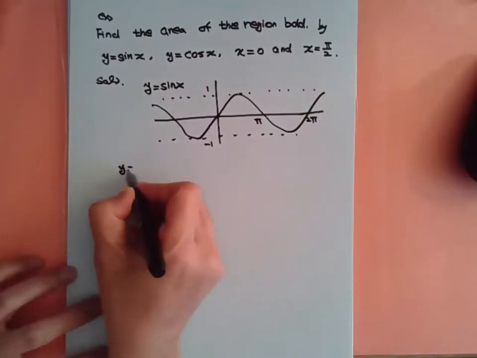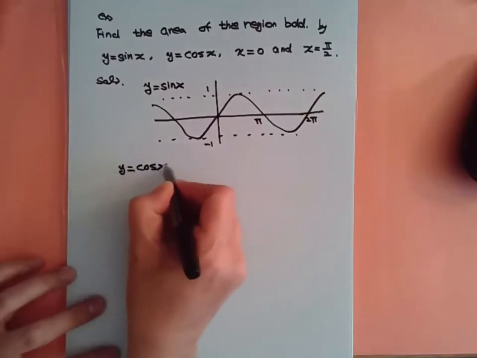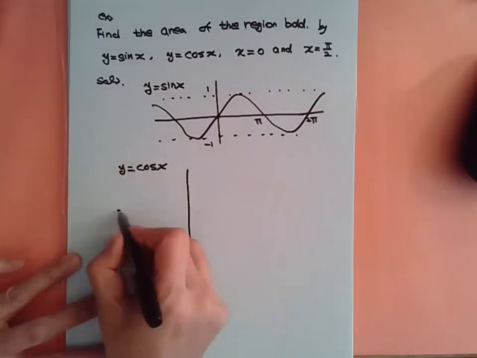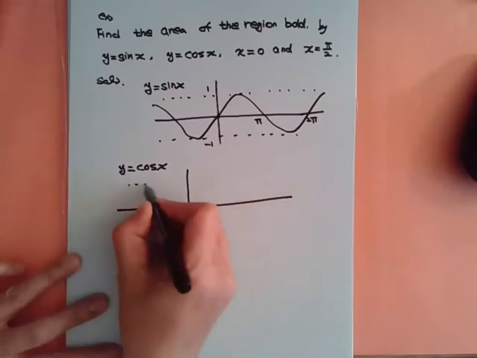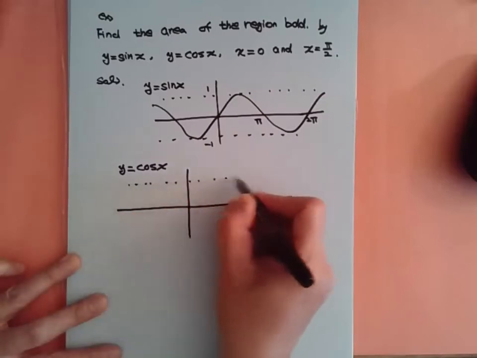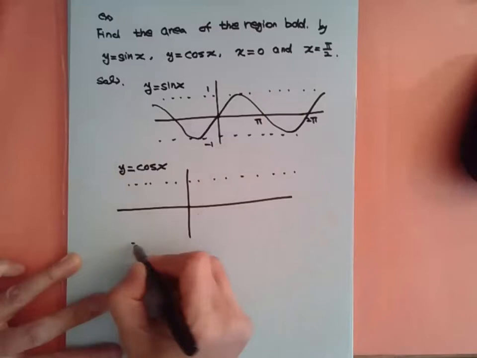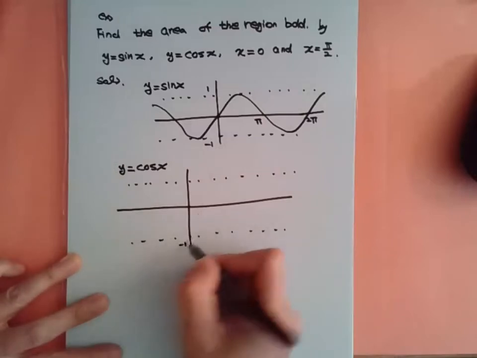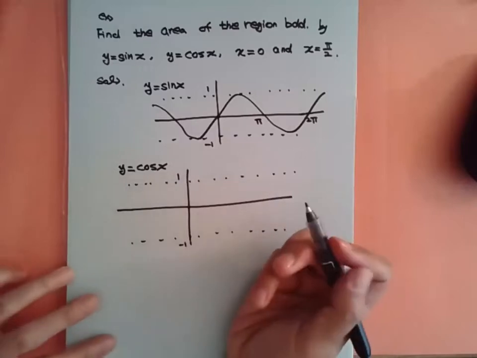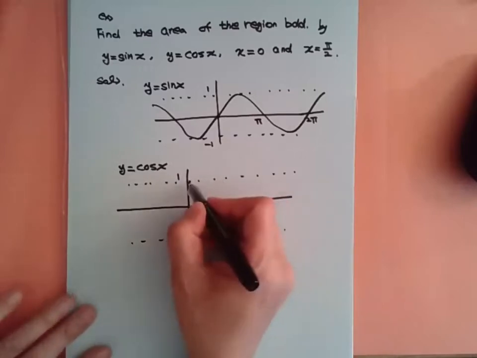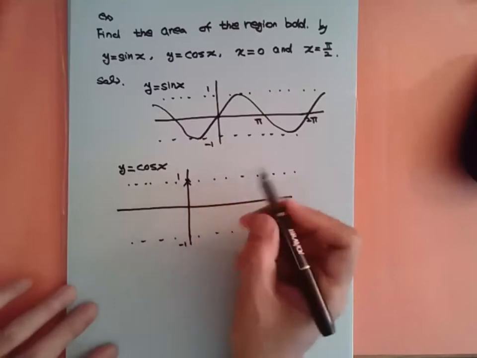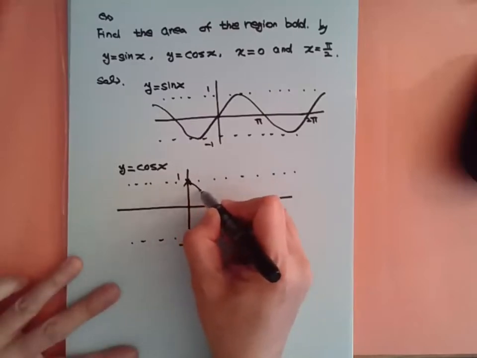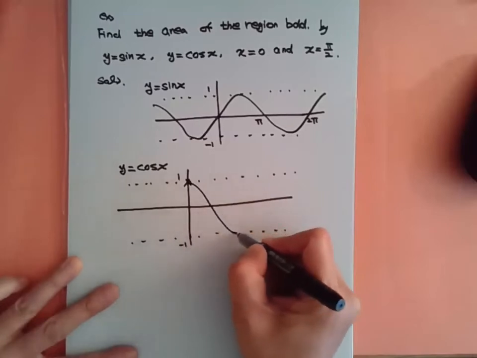But when it comes to cosine, everything is very similar. Cosine oscillates between -1 and 1. But cosine starts at the highest point, so it starts at 1, and it just oscillates as a wave function.